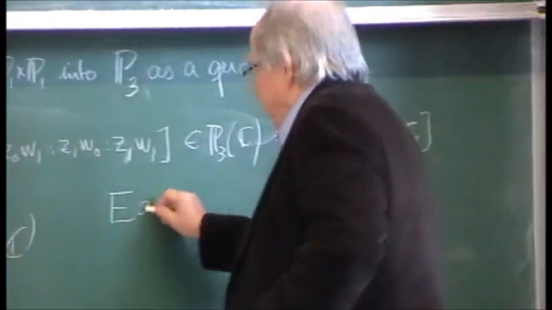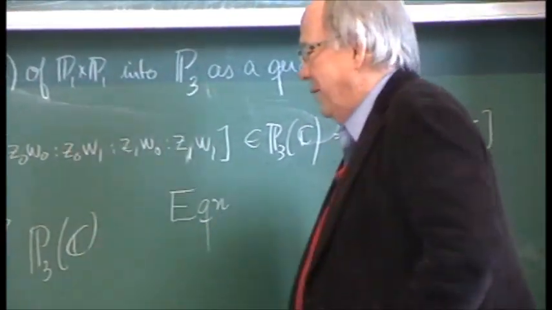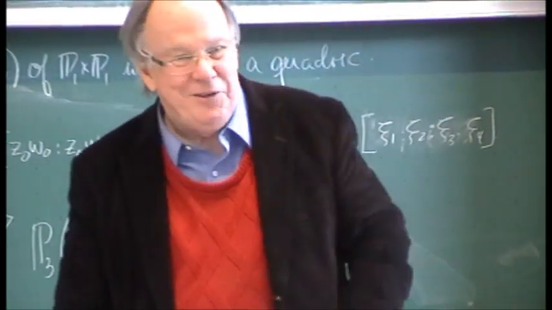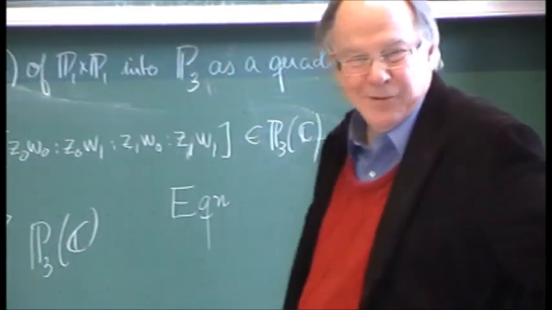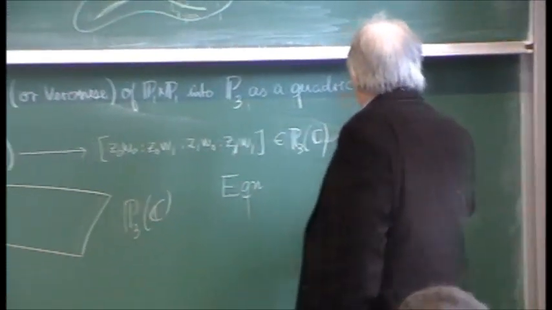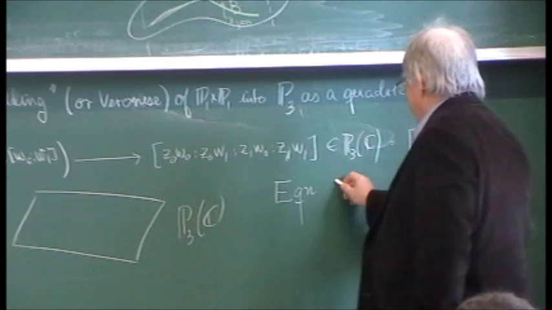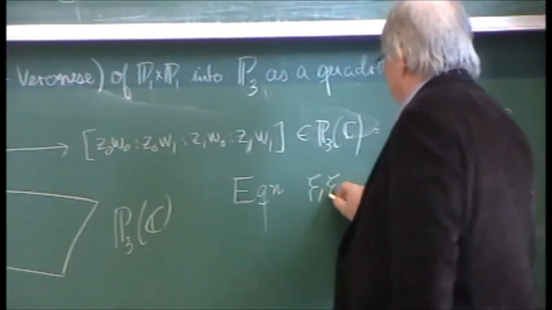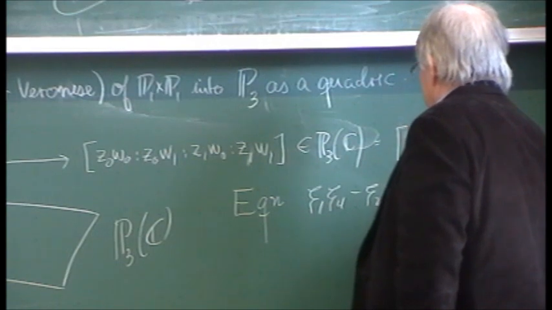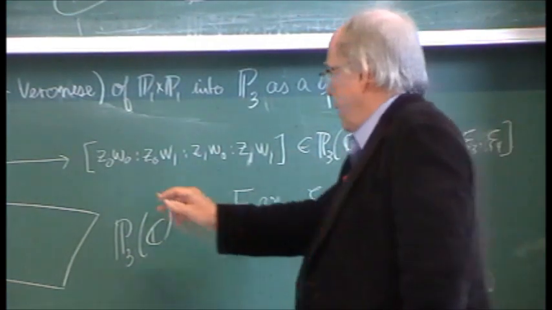And the equation for the image, you can just check it. These vectors are linearly dependent. The equation is, well, I may be wrong up to the order here, but I think it's right: Zeta 1, Zeta 4 minus Zeta 2, Zeta 3 equals 0. Is that right?